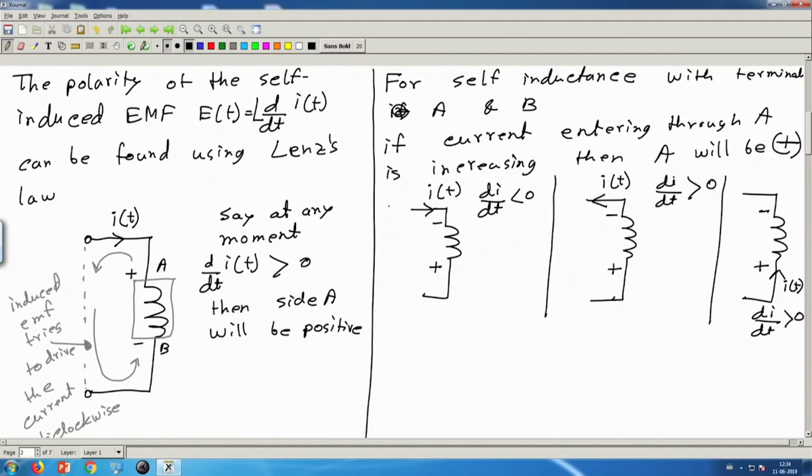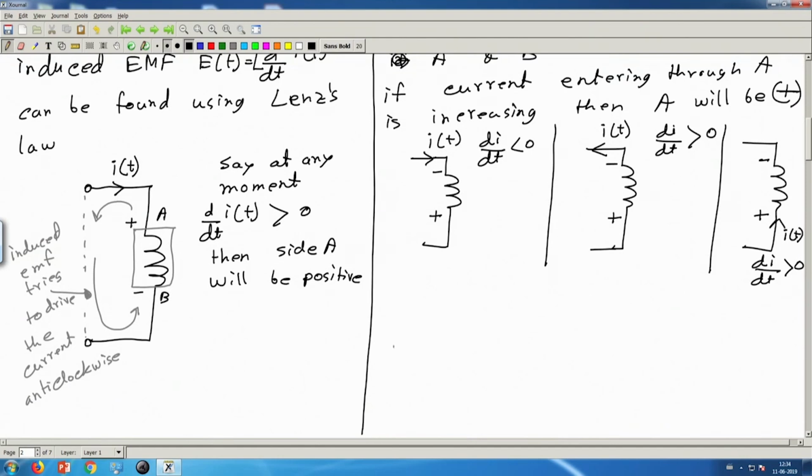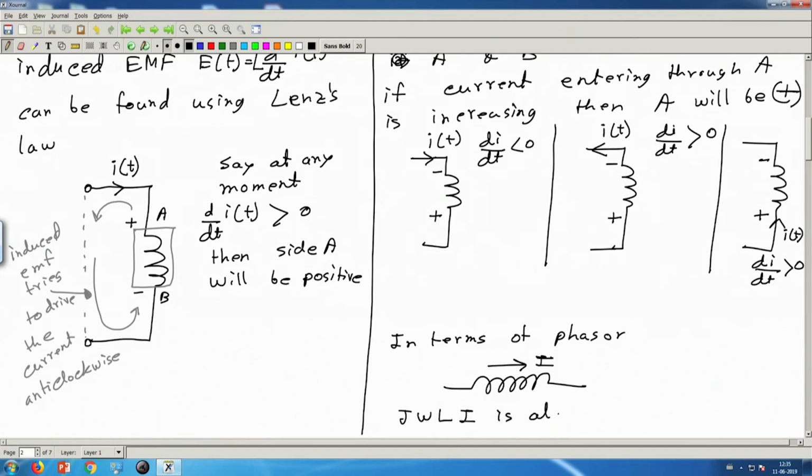So from this rule, you can find, let me write it here. In terms of phasor, if this is I, phasor, then J omega L I is always a drop along I, same direction.